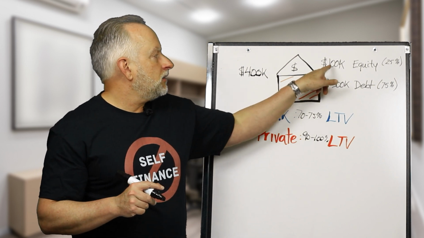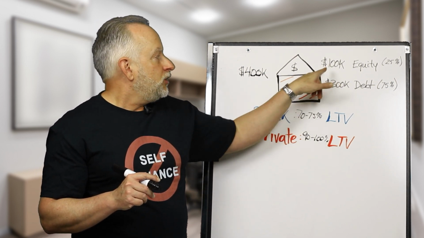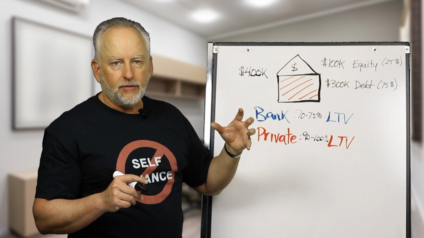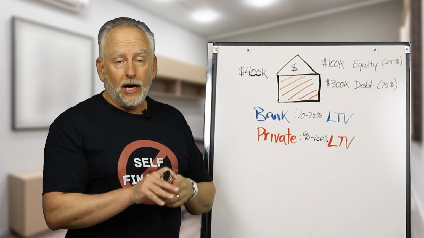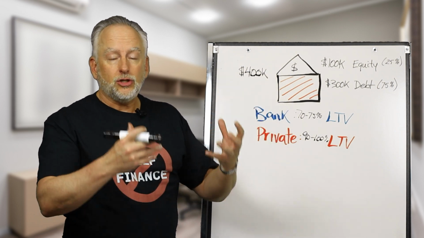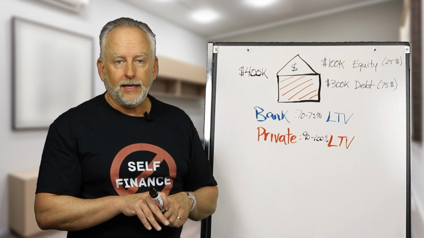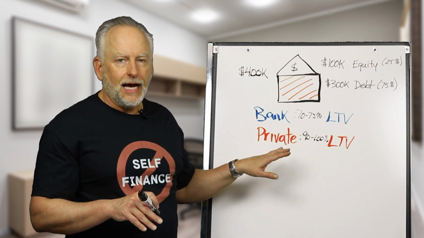So that means if you got $100,000 equity and you work with a private investor, you could very well get $90,000 to $100,000 out of the deal and have it fully financed. So that means that you can access your capital and you can use that to go buy your next investment property. So let's take a look at some of the different ways to access this private capital.